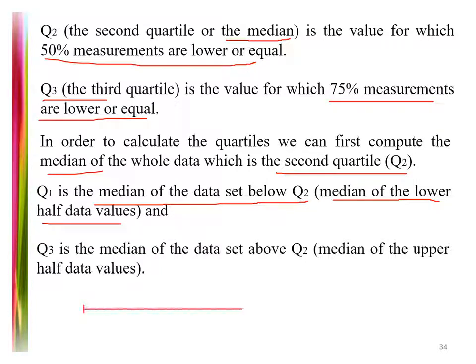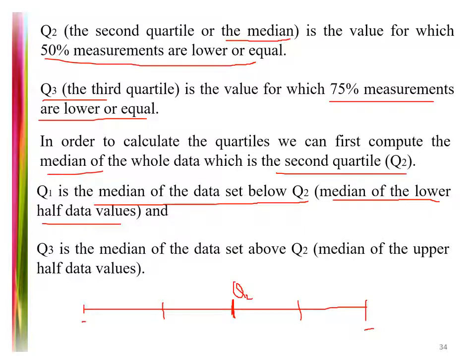For example, this is the data, divided into partitions. This is the minimum value here, maximum value here. First calculate the midpoint, the median of the whole data. That is Q2.